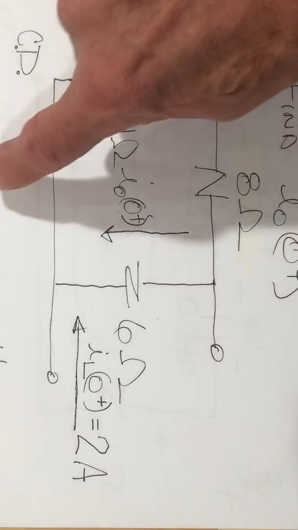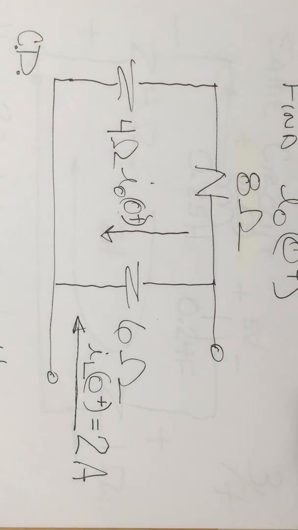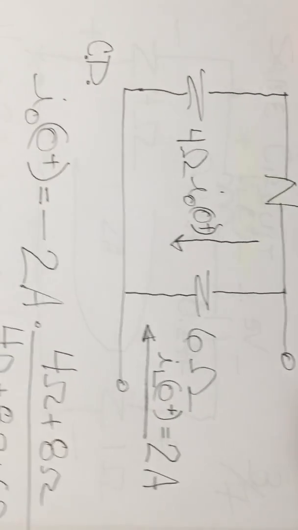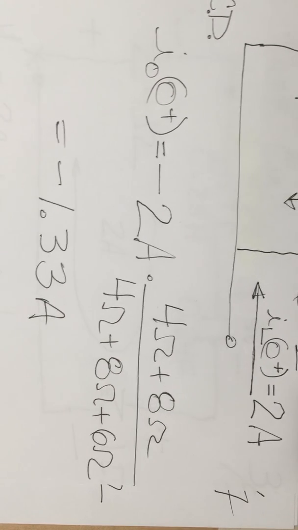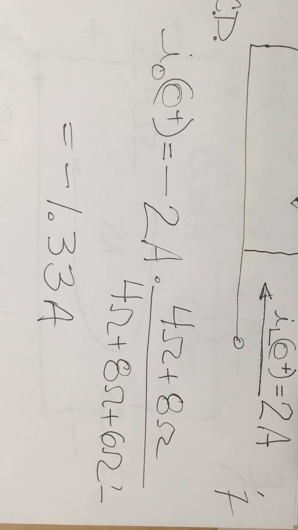So I have to hit the 2 with a minus sign. And so using current divider, IO0 plus equals minus 2 amps times the one I don't want, which is 8 plus 4, divided by the sum of all the resistors, which is 8 plus 4 plus 6. And I get IO0 plus is minus 1.33 amps.